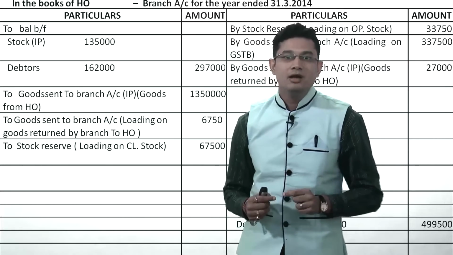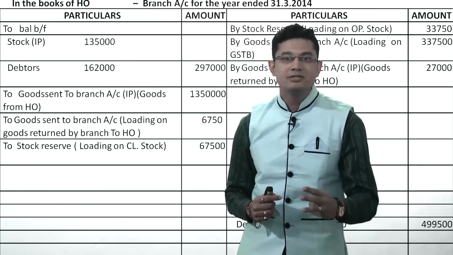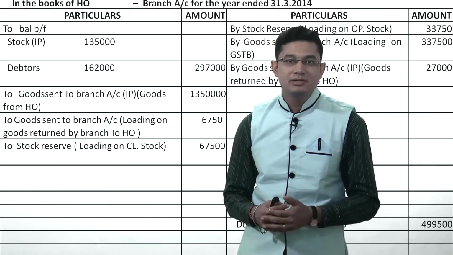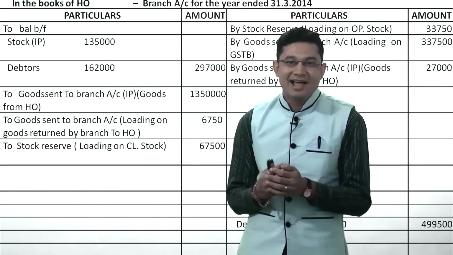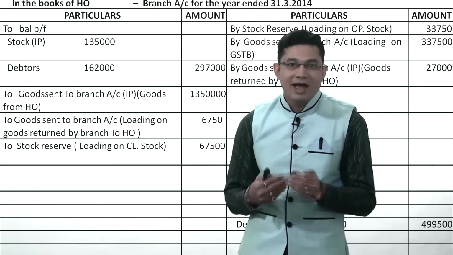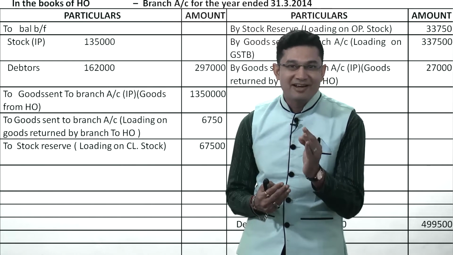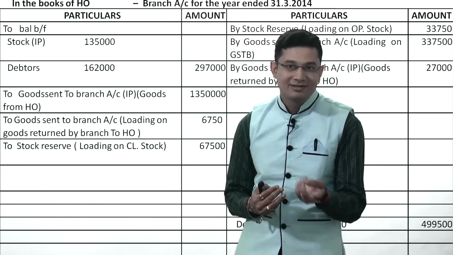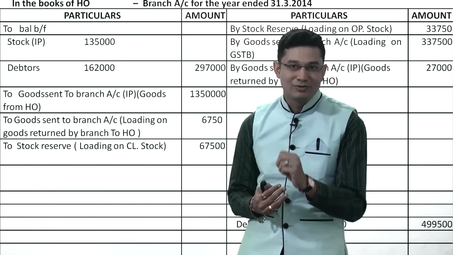Sir, what is the purpose of eliminating unrealized profit in opening branch stock, in goods sent to branch, in goods returned by branch, and in closing stock of branch? Very simple. Ultimately we are getting normal cost of opening stock, of goods sent to branch, of goods returned by branch, and of closing stock.